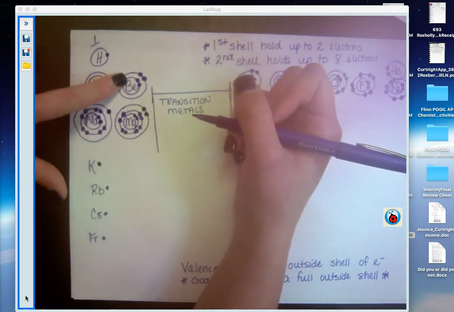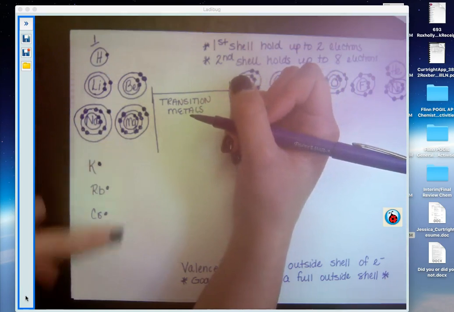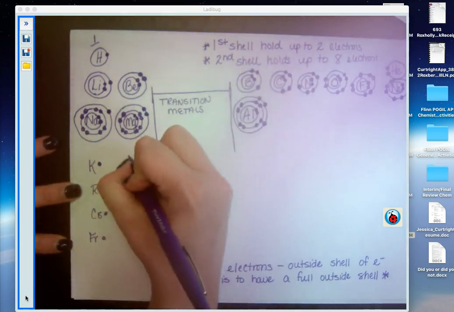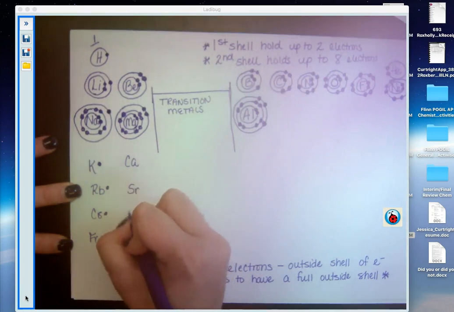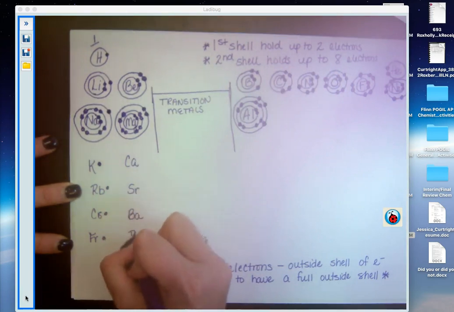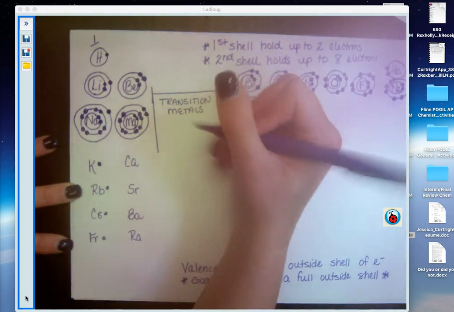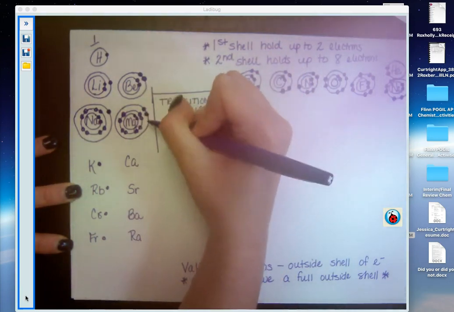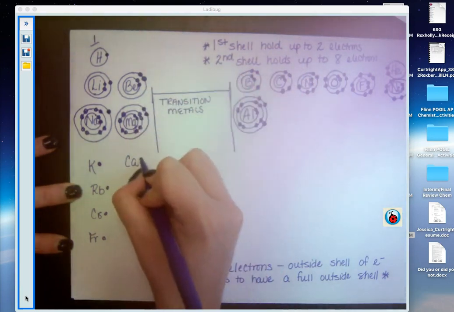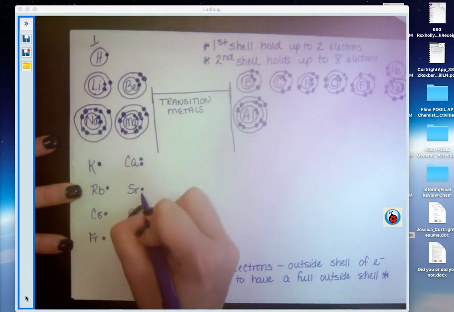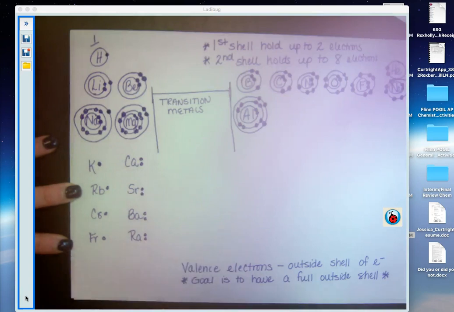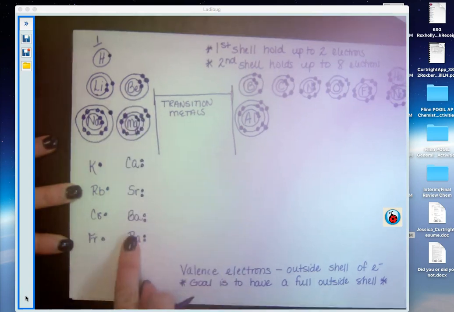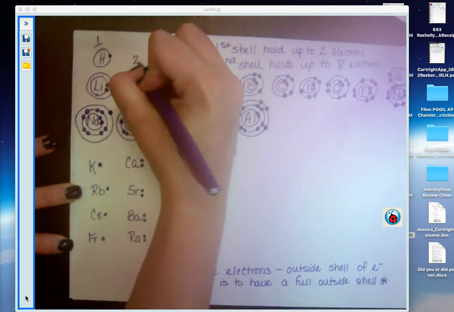The trend would be that all elements in the same group, that means magnesium, calcium, strontium, barium, and radium, all have 2 valence electrons. So we would draw that like this if we wanted to add the electron dot diagram there, just so we can kind of see what's going on. What group is this? It's no coincidence that's group 2.